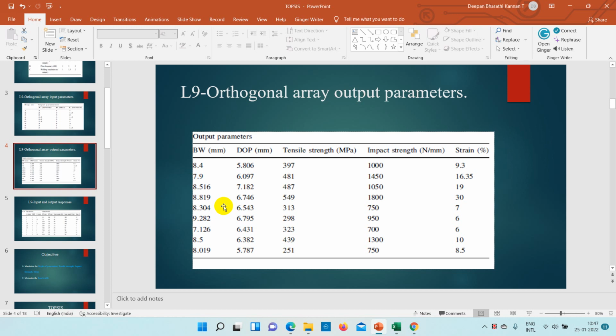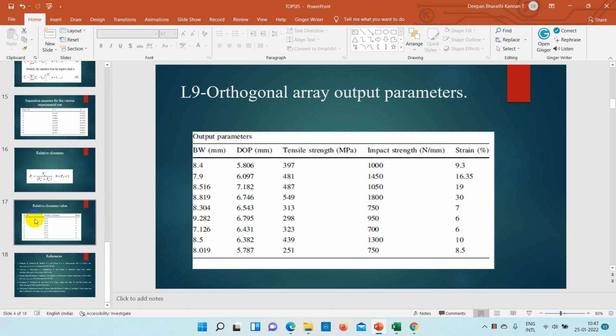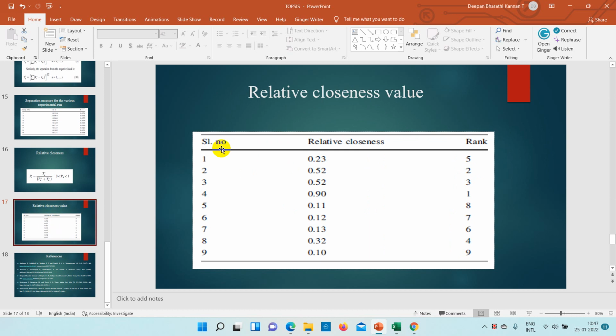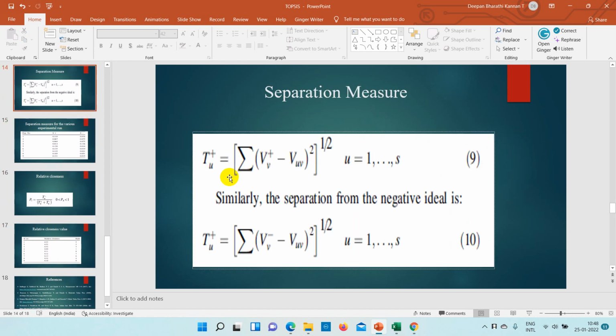So what we are doing is converting these 5 objective function values into a single value with the help of the separation measure and the relative closeness value, and the one having the highest relative closeness value is considered as the optimized parameter. Okay, so this is how we identify the optimized parameter for a multi-objective problem with the help of TOPSIS.